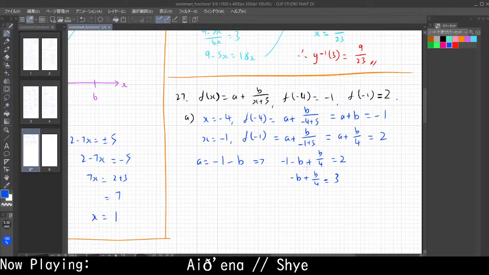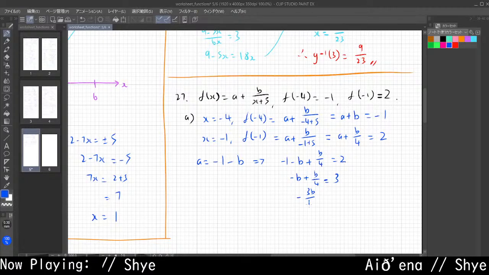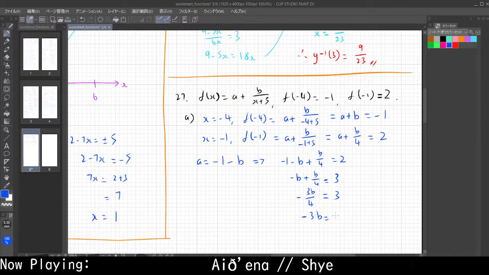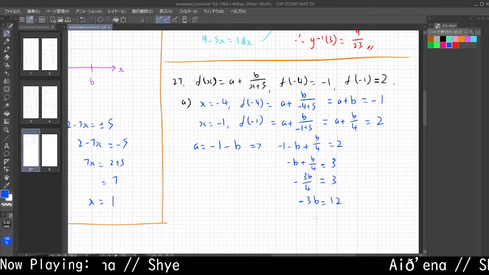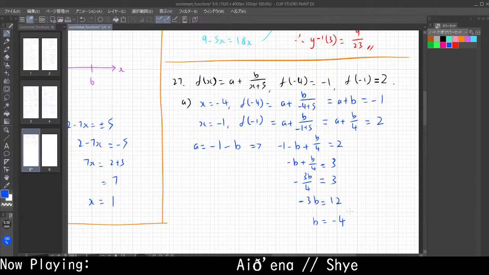Negative b plus b over 4, minus 1 plus 1 over 4, you get minus 3 over 4. So -3 over 4 b equals 3. Dividing by -3 over 4, b equals 3 times 4, 12, divided by -3. b equals -4.